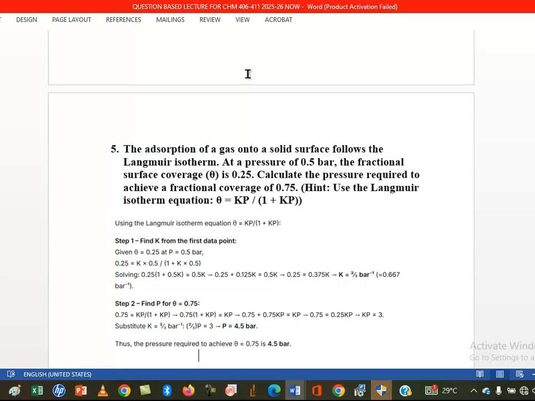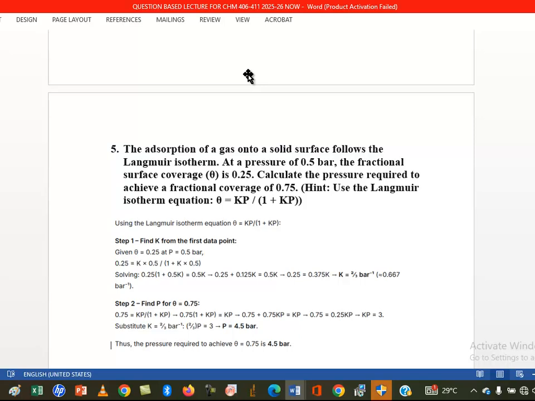Calculate the pressure required to achieve a fractional coverage of 0.75. So use the Langmuir equation you are given here. All you need to do is just input the values.